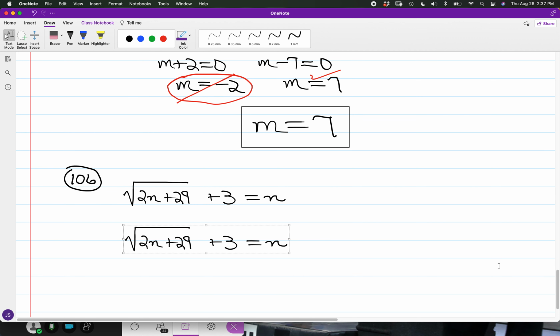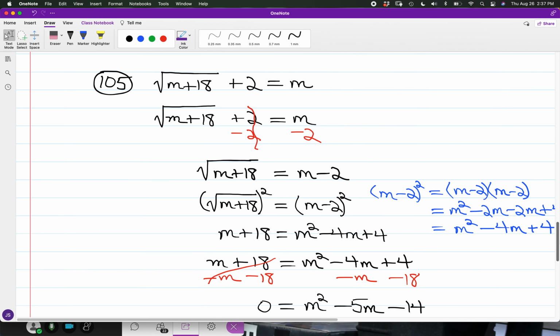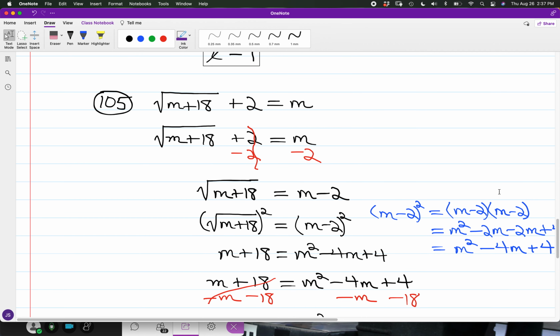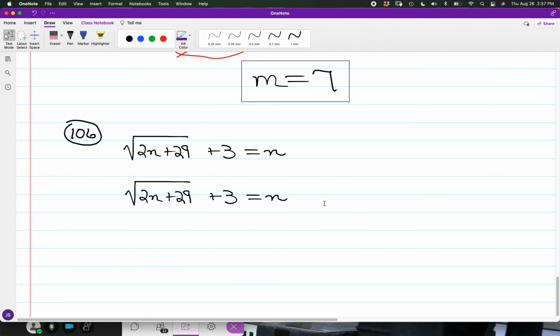So you have a little bit of history to repeat. You have a variable expression inside the radical, and then you have the letter we're trying to solve for by itself on the right. So you have that bit of history to show up once again.